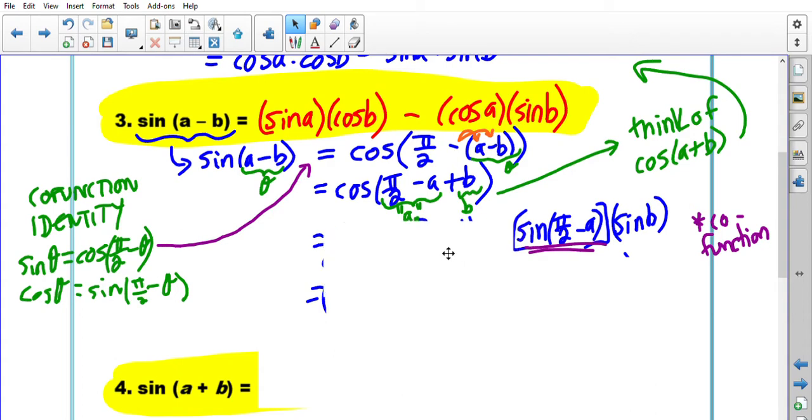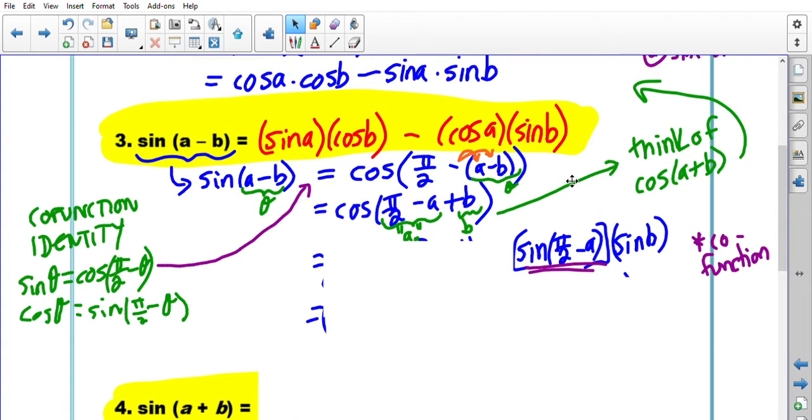Now we've used cofunction, and I want us to look at this new formula and analyze it as if it were cos(A + B). Pretend that your A in cos(A + B) is really π/2 − A, and your B is this B right here, just the way it looks.